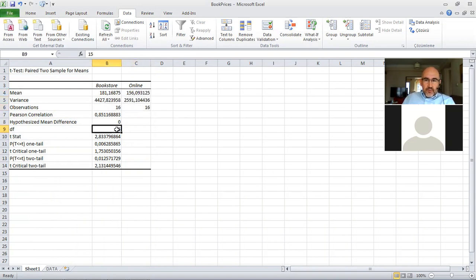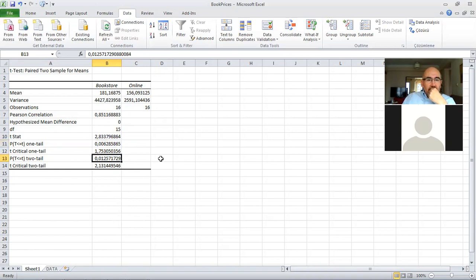This time the degrees of freedom is number of pairs minus 1, which is 16 pairs. You are also given the correlation, which we discussed during the earlier course. High correlation, obviously. And the t-stat is 2.83. The p-value for two-tail, again, is 0.0125. The p-value for one-tail is half of that, obviously.